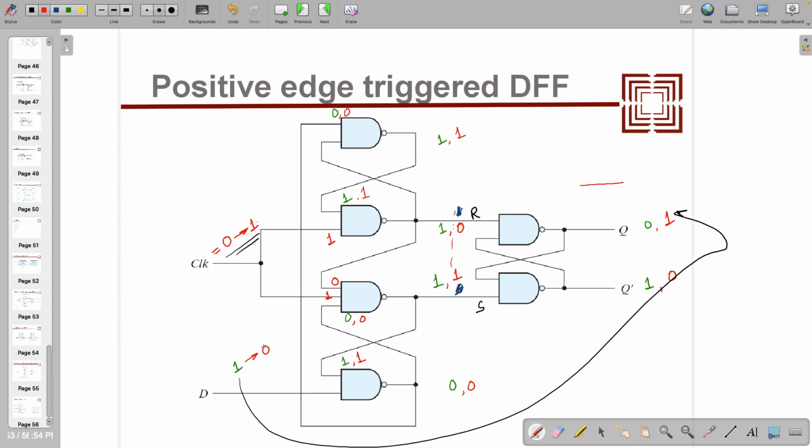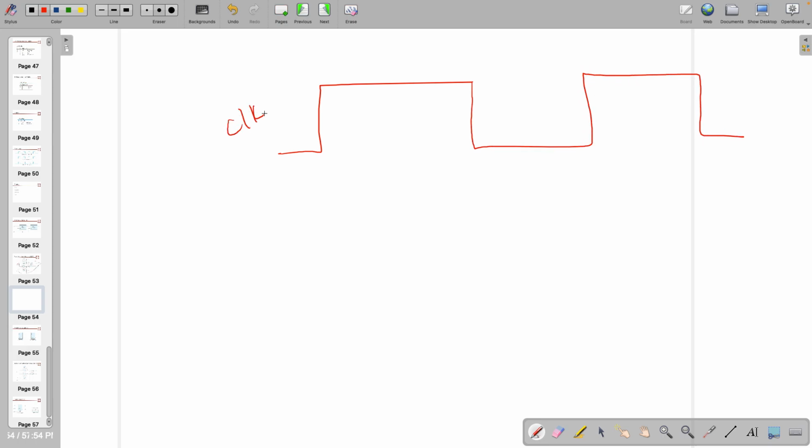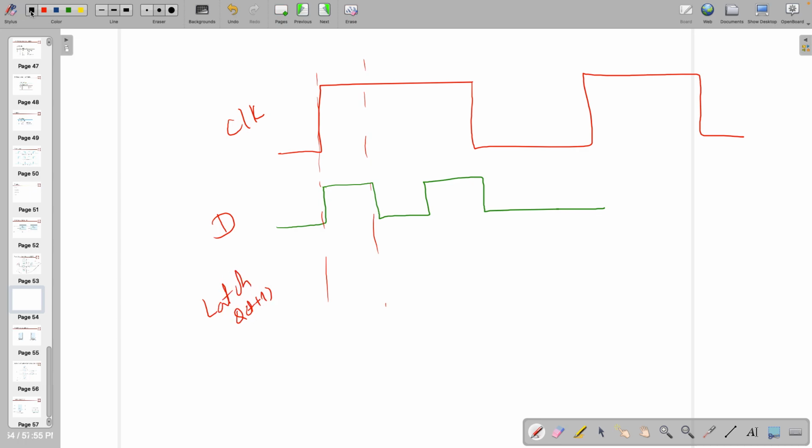So we also learned that in a flip flop, if this is a clock and if this is a D input, I'm not drawing ahead, but here if it is a latch, Q t plus 1, then the output has to be exactly identical to D, right?